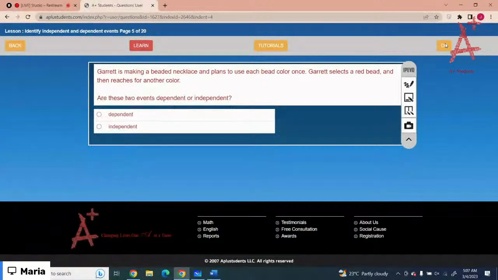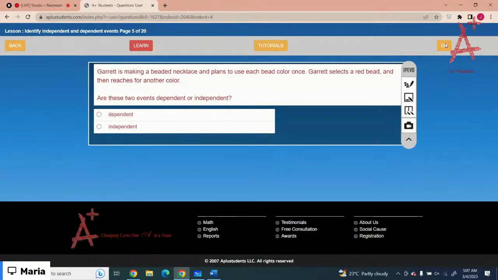Garrett is making a beaded necklace and plans to use each bead color once. Garrett selects a red bead and then reaches for another color. Are they independent or dependent?